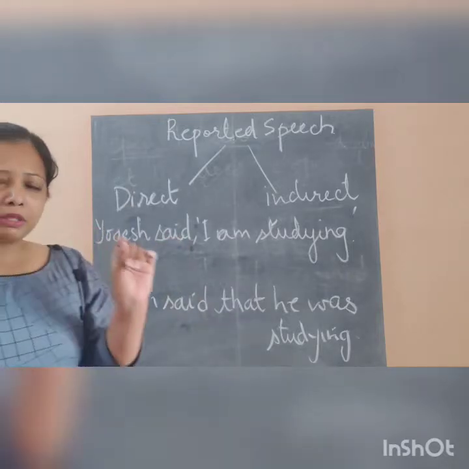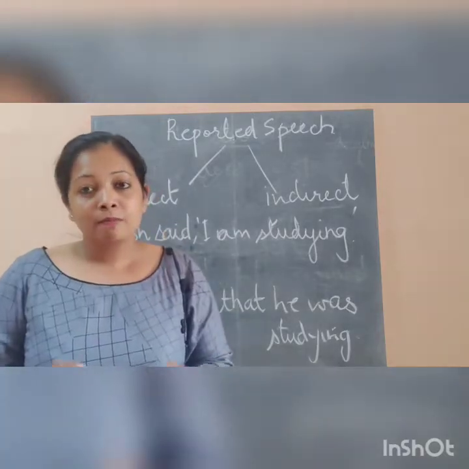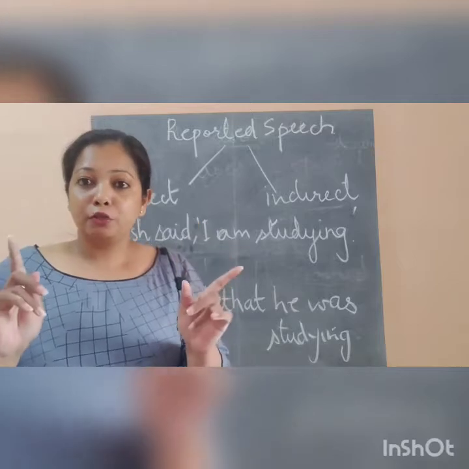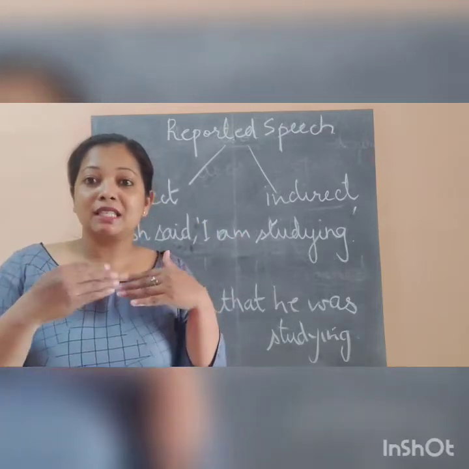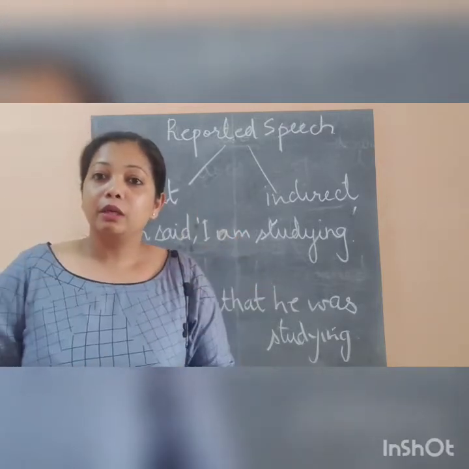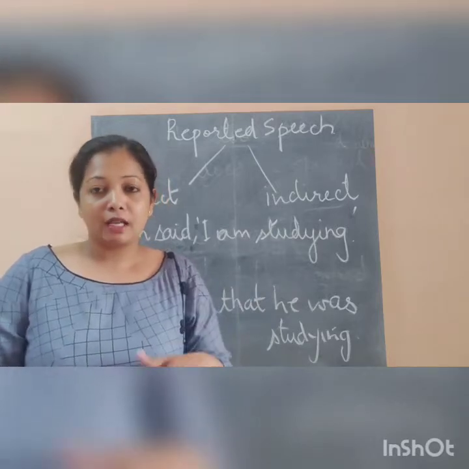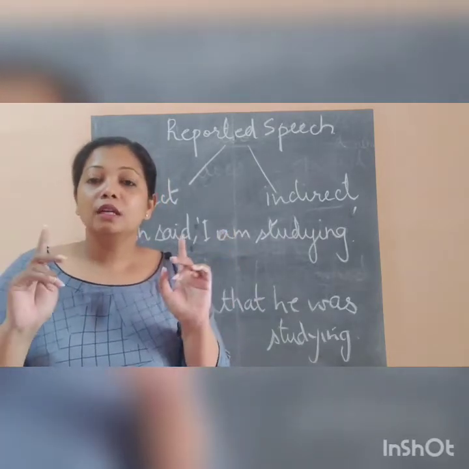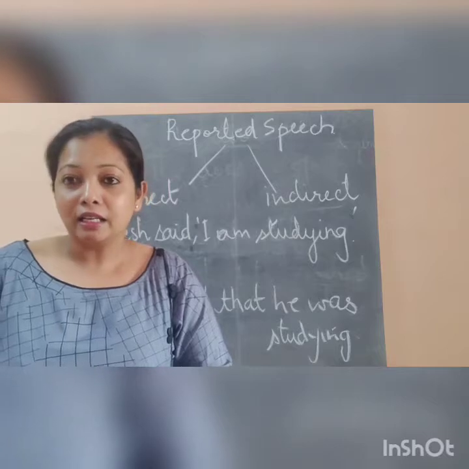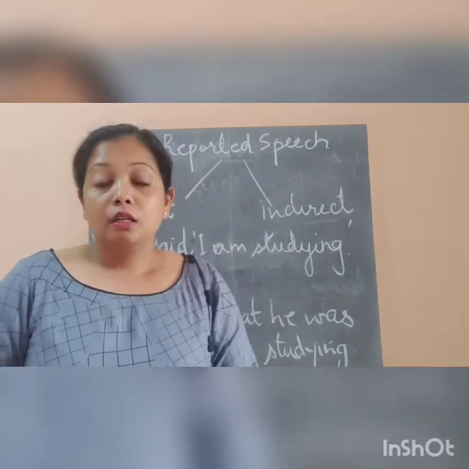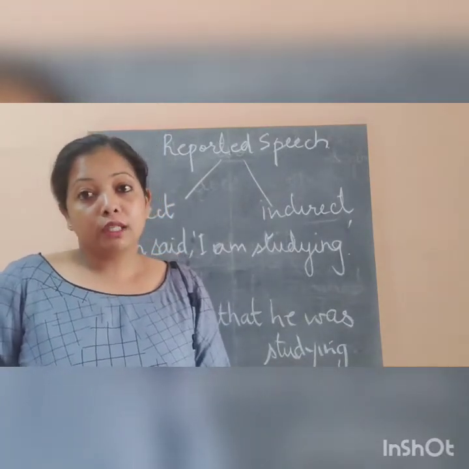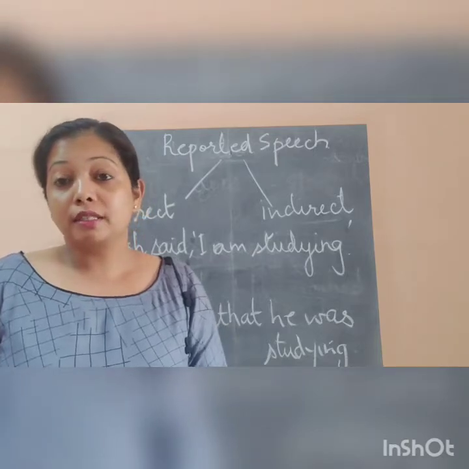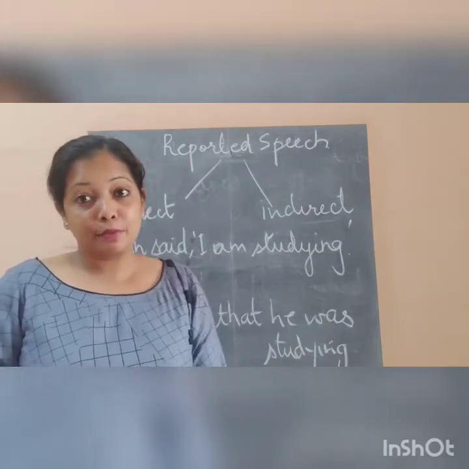That means you just have to remember at this moment that if you see quotes, something is being said and there is a quote, that means it is direct speech. And when the quotes are removed, it is an indirect speech. So you need to know what are the reporting words, what is a reported speech, and what is a reporting speech.